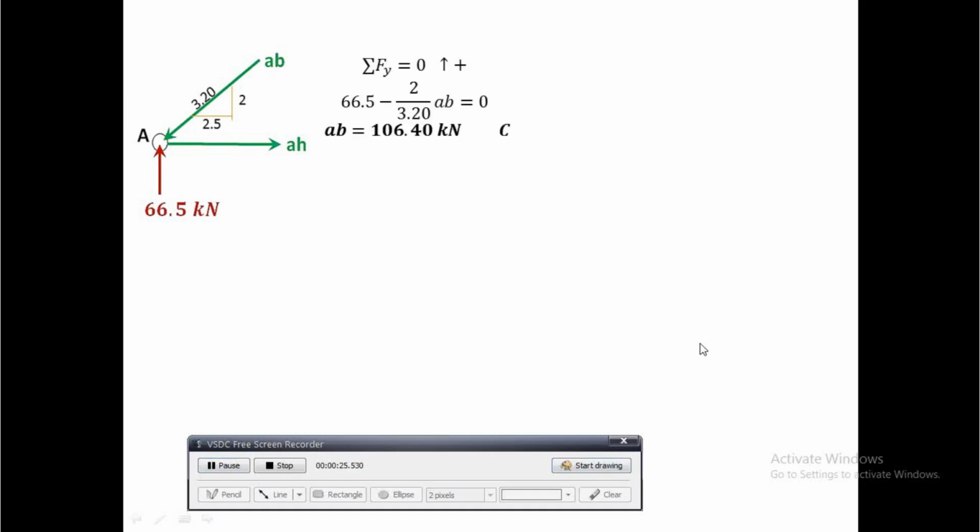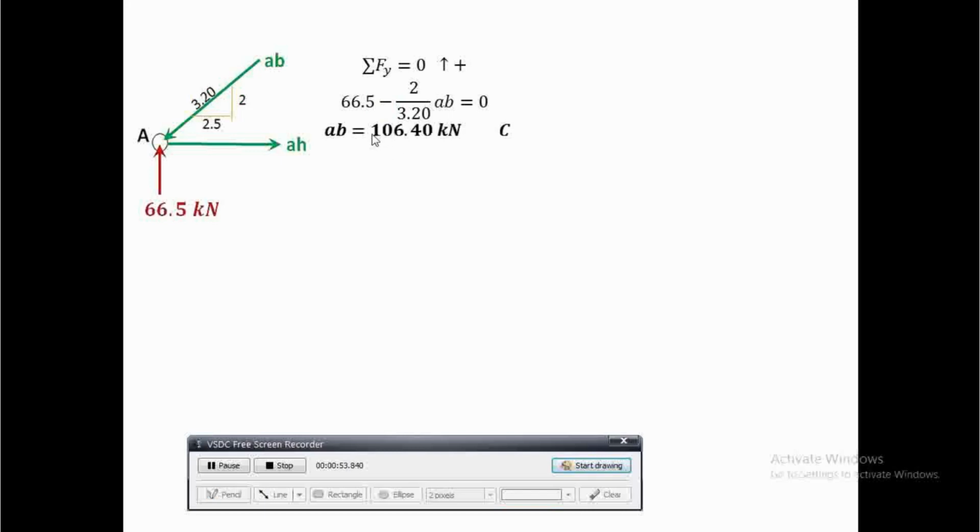So, if I take summation of forces along the y-axis, pataas si 66.5, the vertical component of AB is 2 divided by the hypotenuse 3.2 multiplied by AB. Again, yung vertical component ni AB is downwards, kaya minus. My AB now is equal to 106.4.